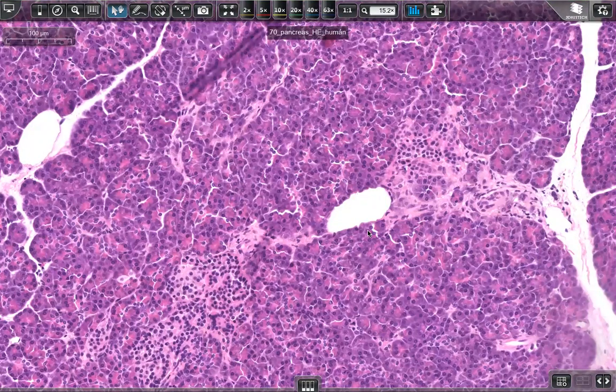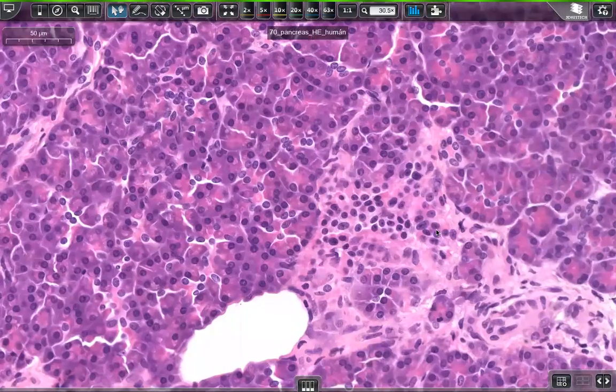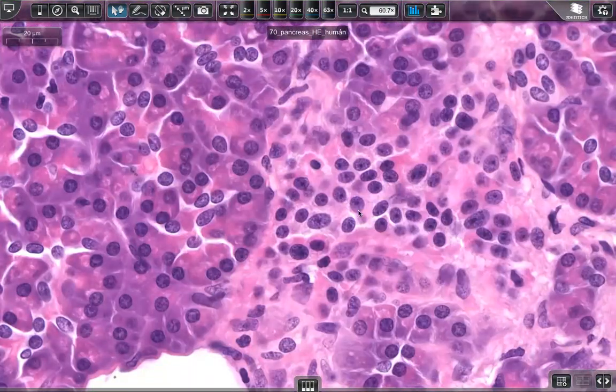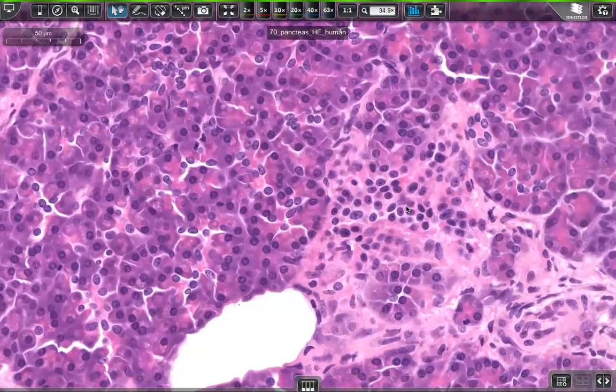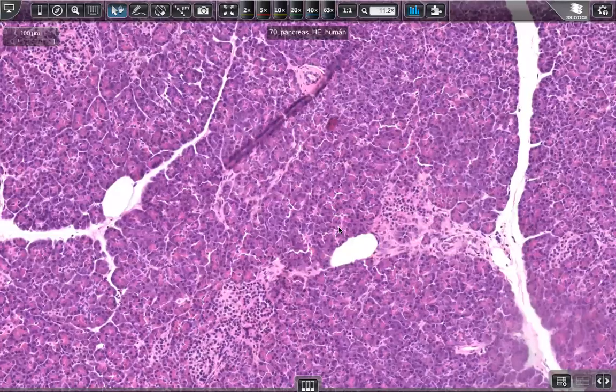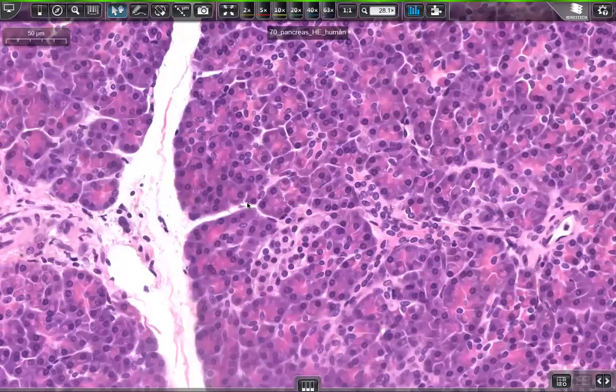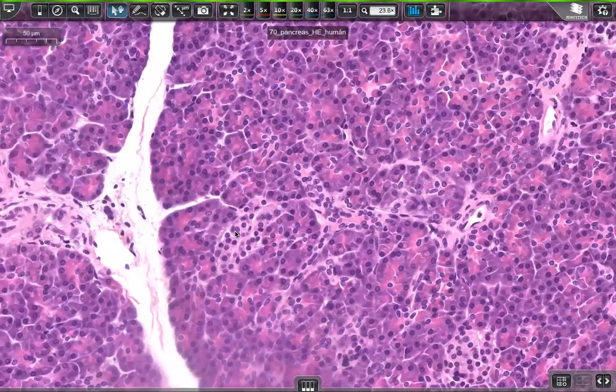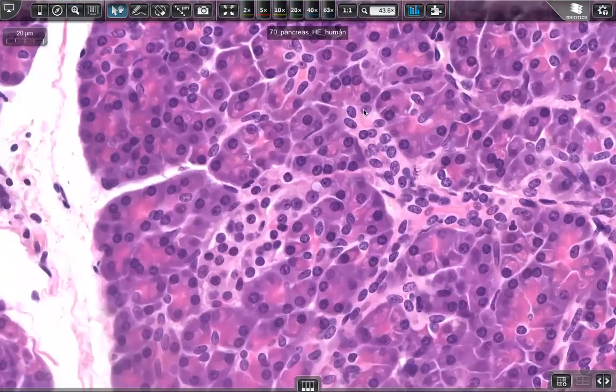So these cells, because of the pale cytoplasm and the round-shaped nuclei, are definitely the longitudinal section of the intercalated ducts. There is another one here, and that. So they are intercalated ducts conveying the pancreatic juice toward the duct system.